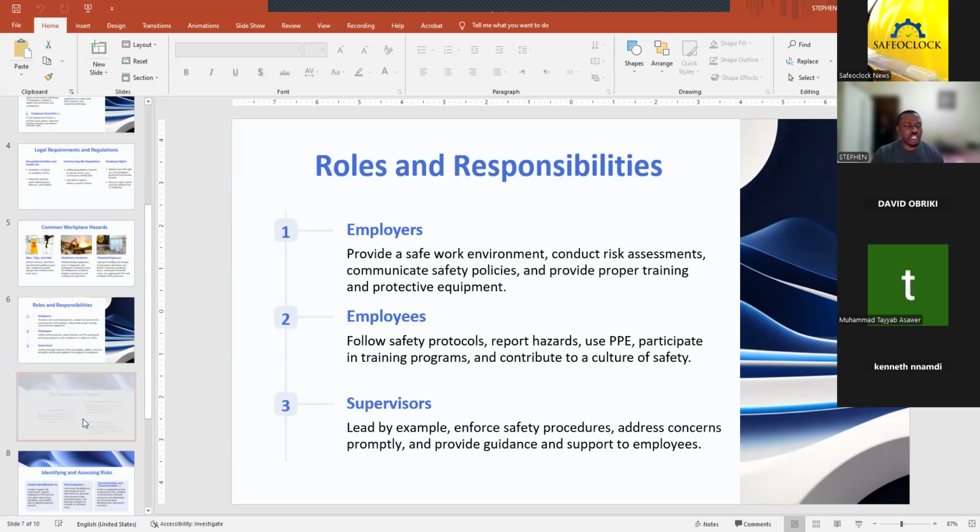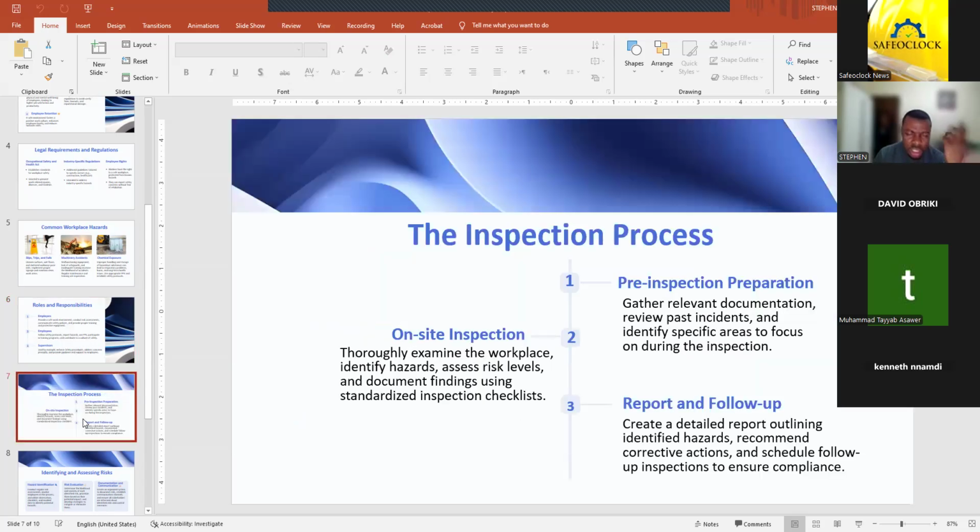Now, going to the inspection process proper, for us to carry out an inspection on the site, in the construction, in some other site, we can call it site audits. Inspection can come in different forms, but the basic aim and objective is for us to be able to identify what is wrong within the site and provide recommendation for the management to correct.